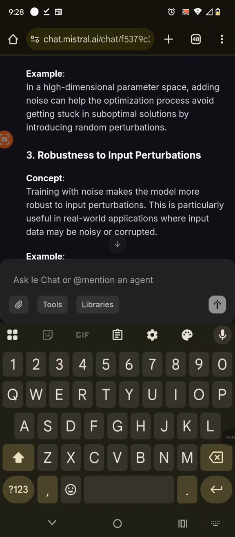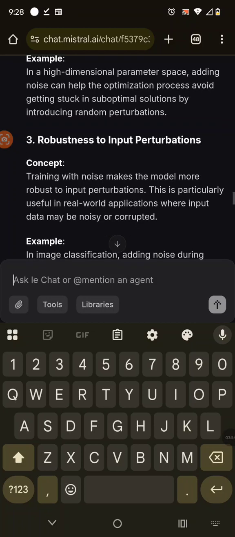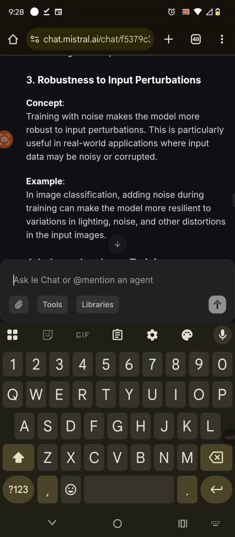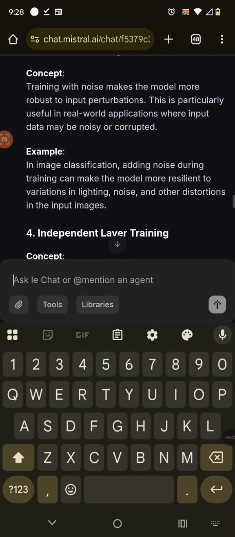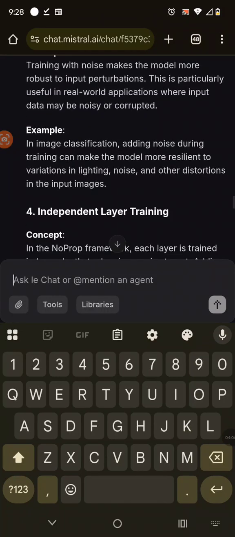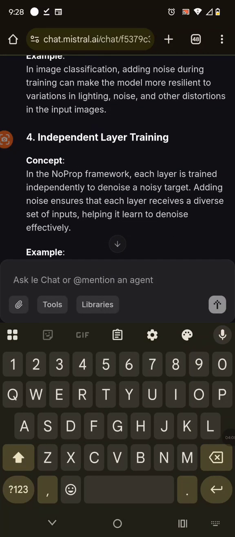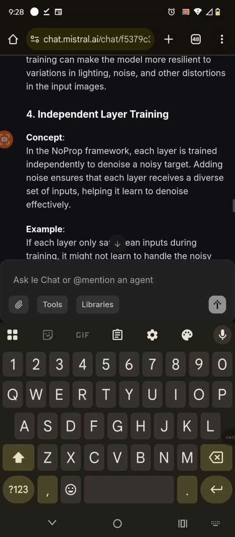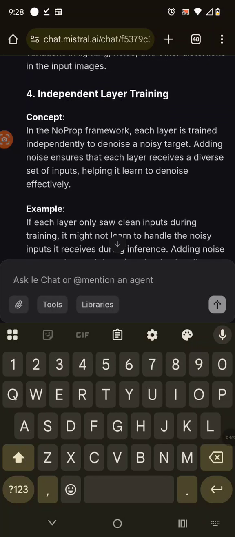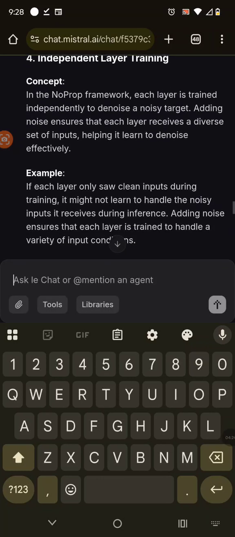Robustness to input perturbations is particularly useful where input data may be noisy or corrupted. Basically, it avoids overfitting. Each layer is independently trained on a noisy target. Adding noise ensures that each layer receives a diverse set of inputs, helping it learn to denoise effectively.